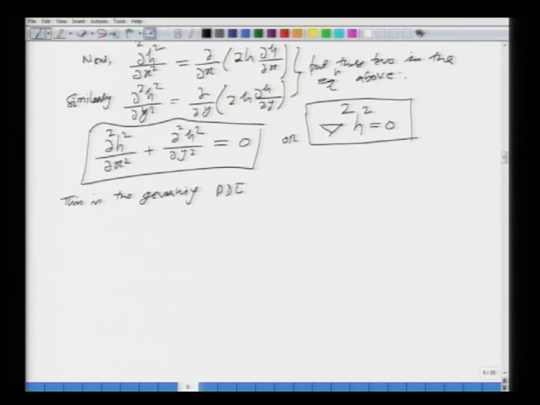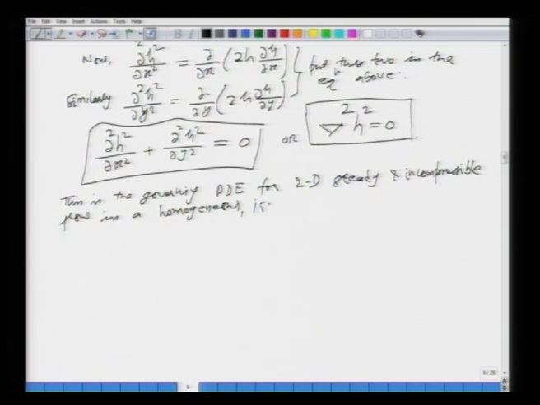So, then we say that this is the governing partial differential equation. Okay. For what? For two dimensional flow we are looking at, which is steady and incompressible. Density changes were ignored. Okay. In a homogeneous, all these are the assumptions while deriving this equation.